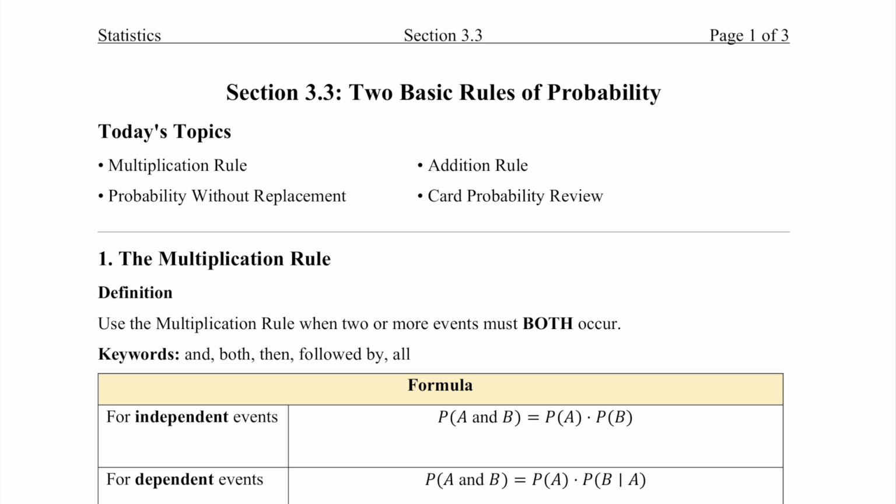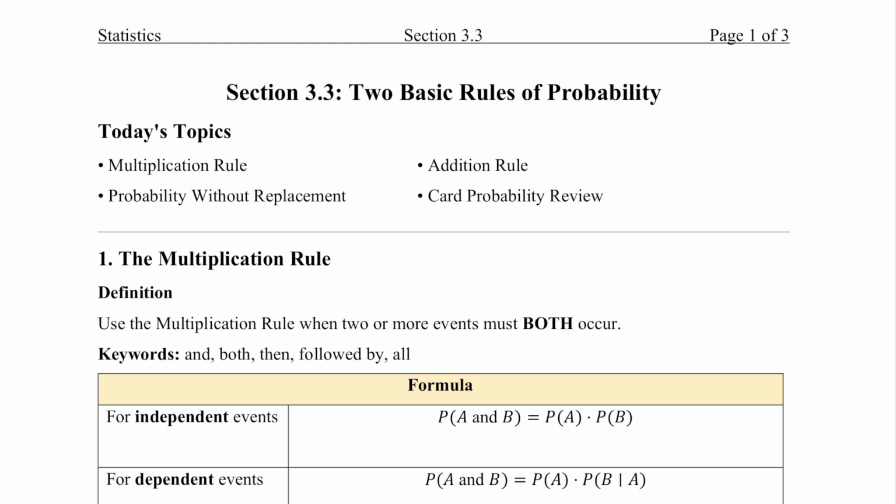Instead, ask yourself one simple question. Do all of the events need to happen? If the answer is yes, then the multiplication rule is usually the appropriate tool. Let's think about a simple example. Suppose I ask for the probability of drawing a king and then drawing a queen.